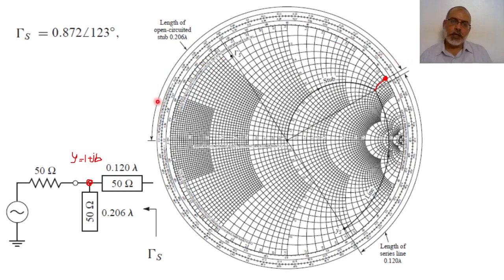In this case, I'm going to calculate the distance by wavelength towards the generator, so I'm going to use the axis wavelength towards the generator. From this, we can calculate the length of the required stub.